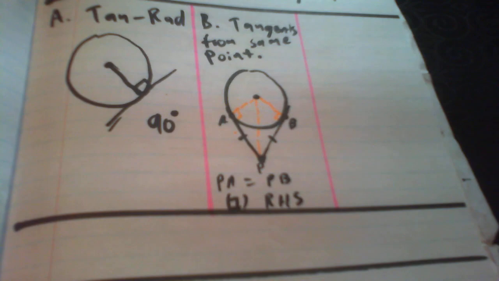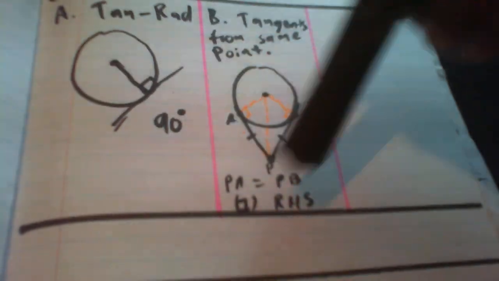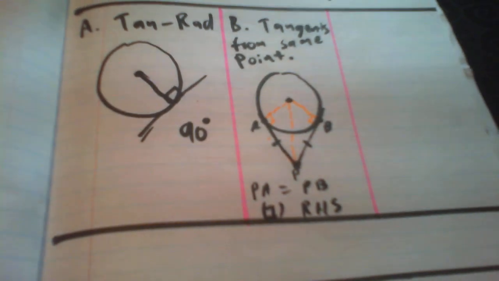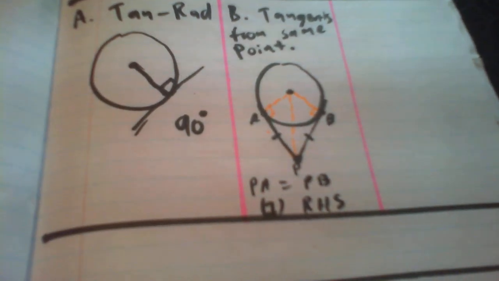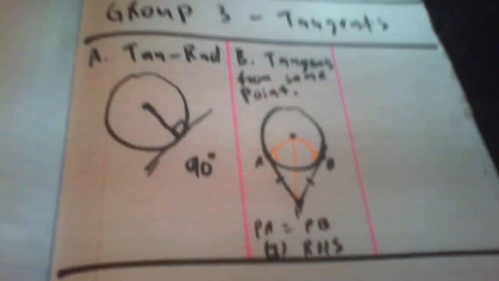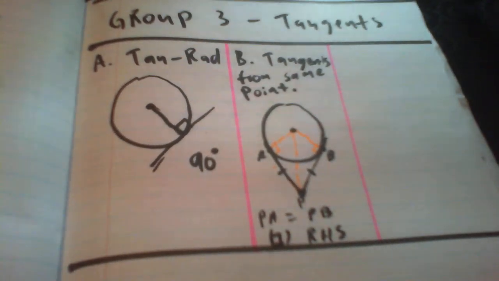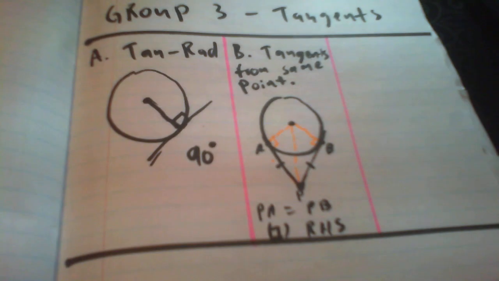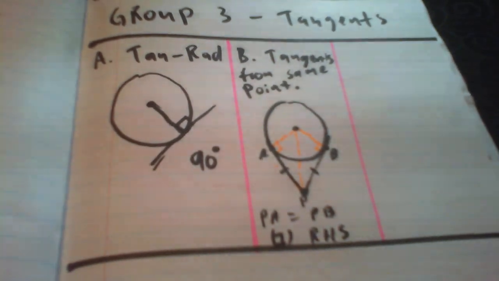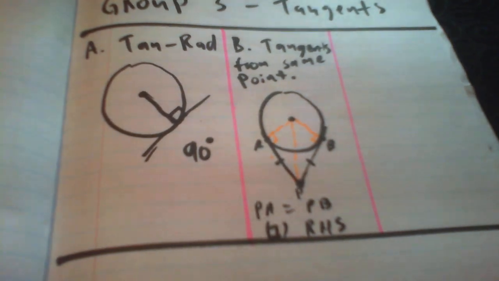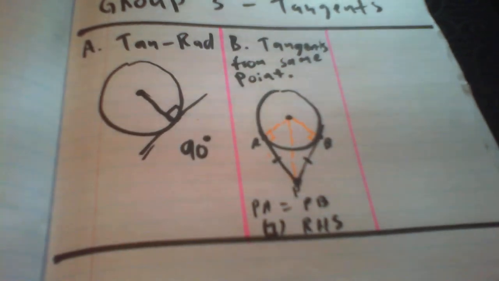If you want me to write down the proof for you, indicate, so that in the next video when I'm doing the proofs, remember in group 1 I have 3 proofs. I must prove angle line from center, I must prove it 2 ways, and I must also prove angle at the center is twice angle at the circumference.